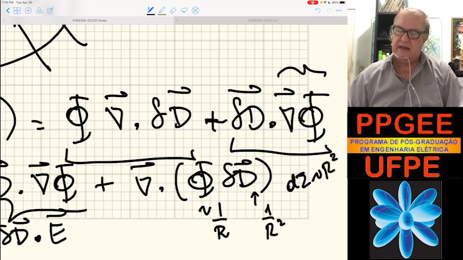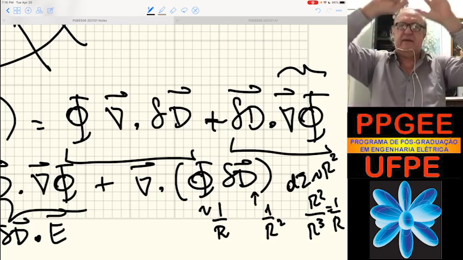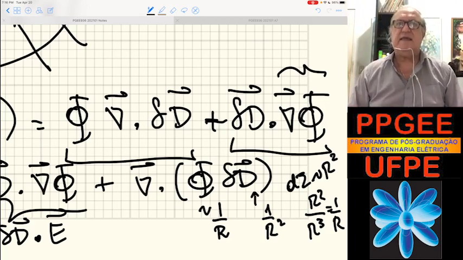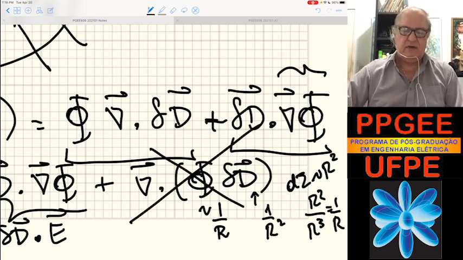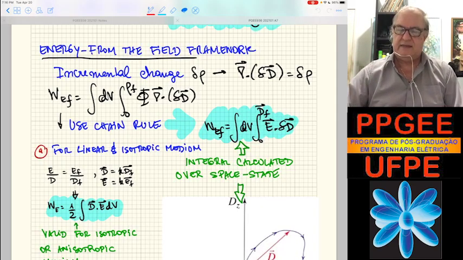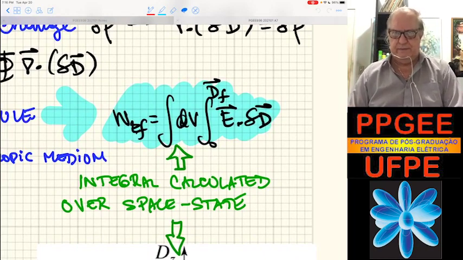So r squared divided by r cubed is 1 over r, and in the limit as r is very large, so you can include all the dielectrics and charge densities in your system, you get a zero result. So this term is not going to contribute, and you're going to be left with this term here.